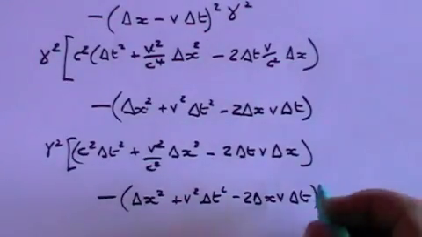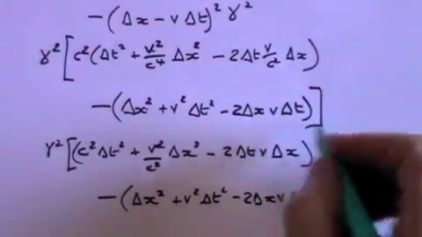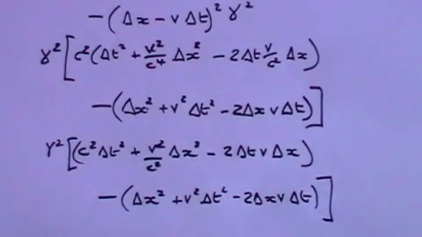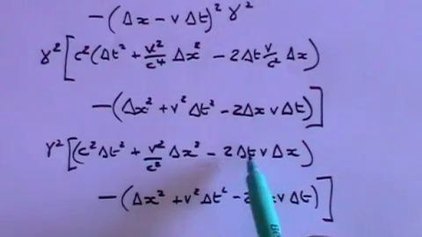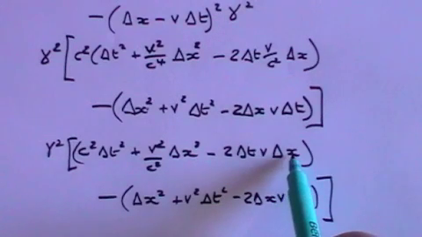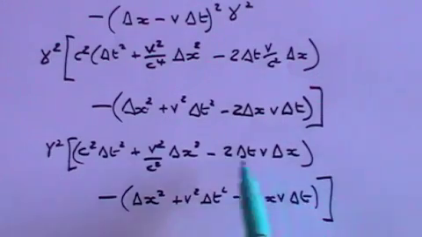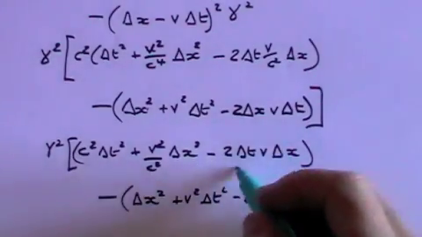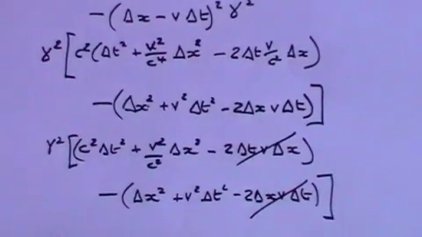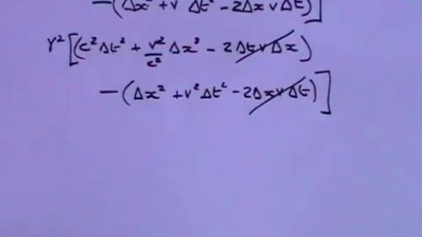Phew! And then the bracket goes at the end, which I forgot there. Now you'll notice that here we've got minus 2 delta t v delta x and minus 2 delta x v delta t. Those two terms cancel. Thank goodness for that. And now what have we got?